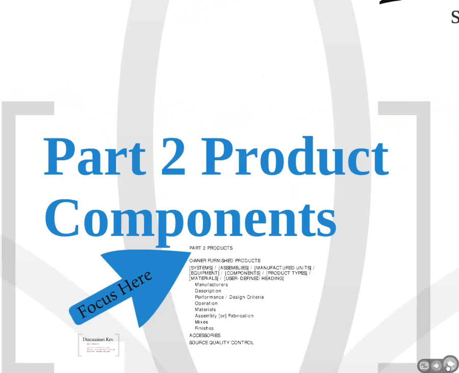Part 2, Products, has all of the listings that are required to specify the individual products, whether they're simple materials or whether they're manufactured systems, components, field assemblies, any number of different things. Or user-defined heading. Or user-defined heading, absolutely. So, I like those user-defined products.